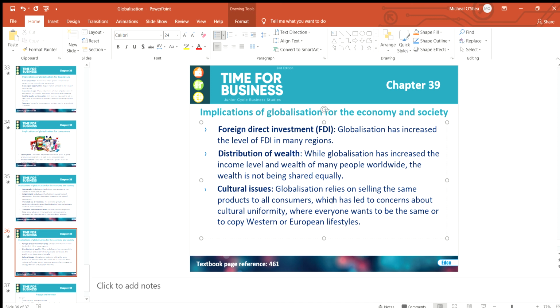Globalization relies on selling the same products to all consumers, but there's issues there in terms of what that country's lifestyle is generally. A quick example I'd have there is, I said before, McDonald's is in most of the countries in the world, but they don't have any location in Iceland because they were unsuccessful in Iceland.